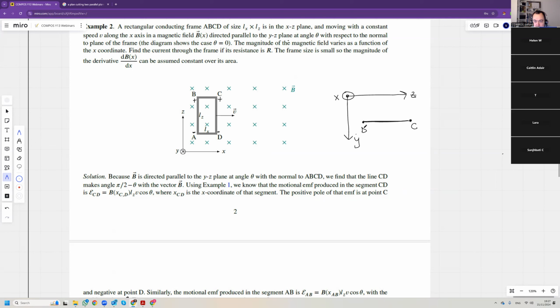And the magnetic field lines are going at an angle like this.